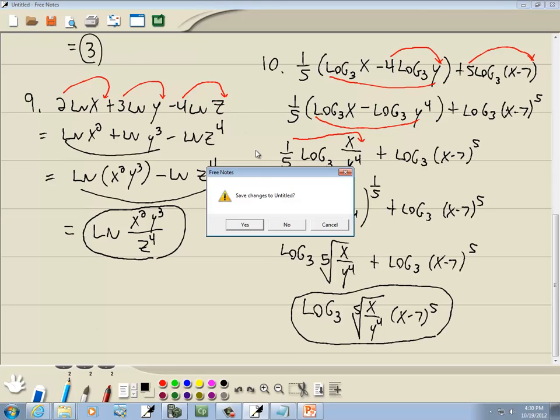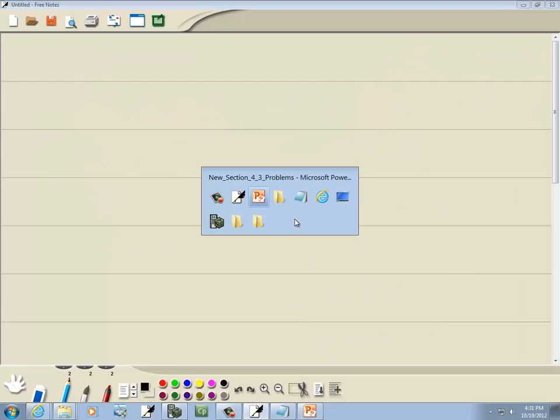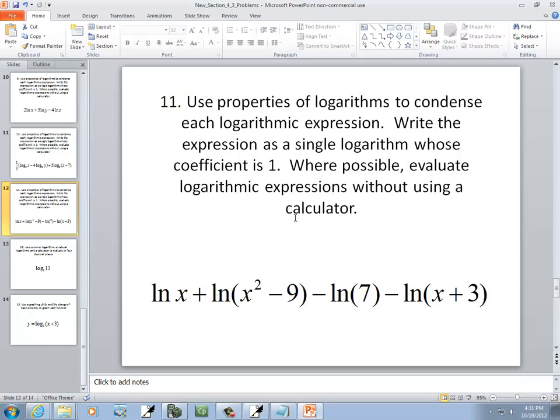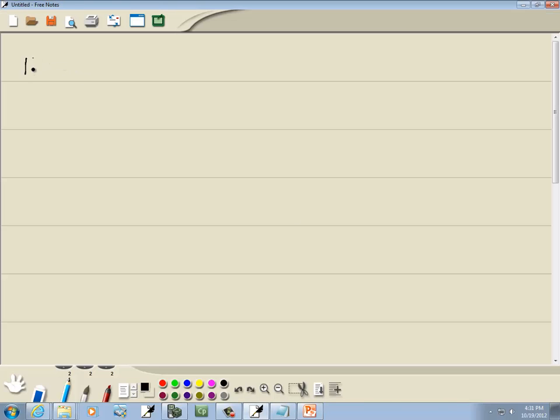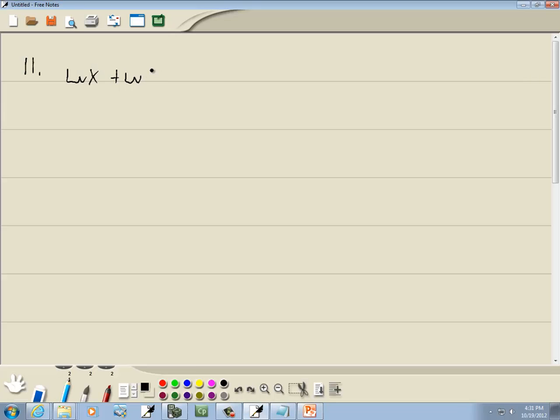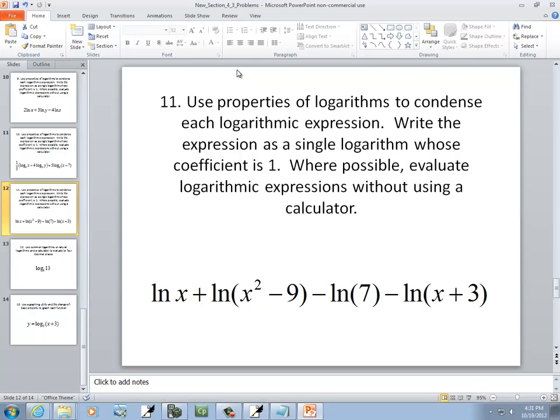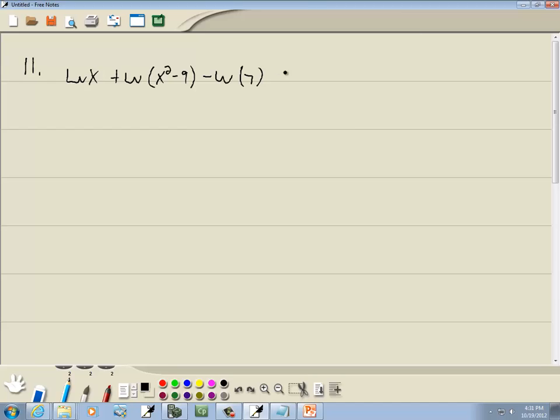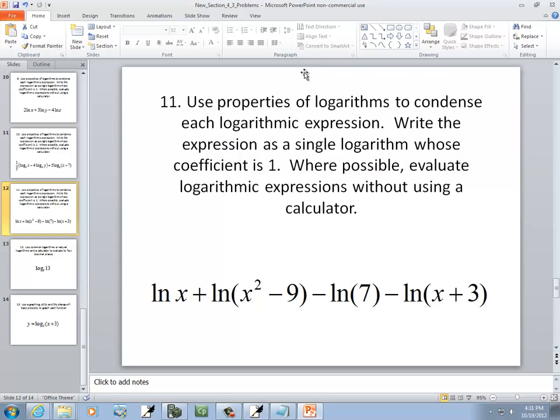And let me start a new page here. And we've got natural log of x plus natural log. My wife's calling, I think, so I'll probably have to listen here in a second to see if she's broke down. Nope.